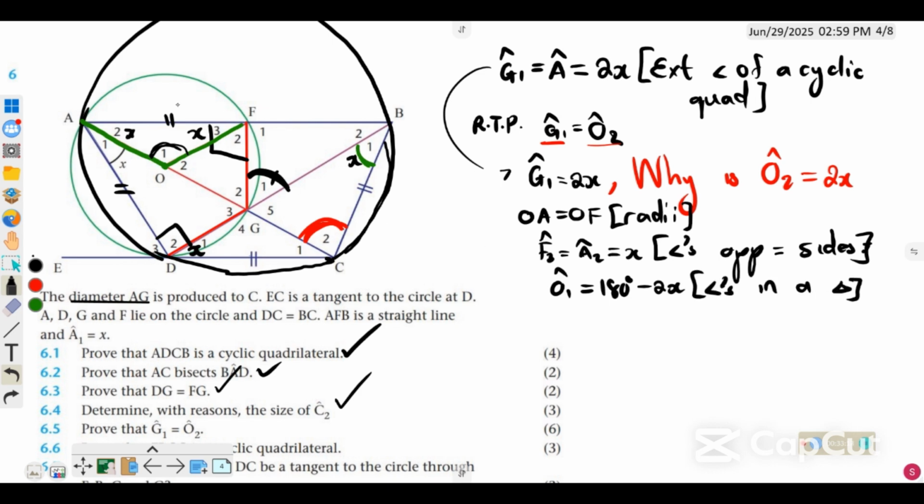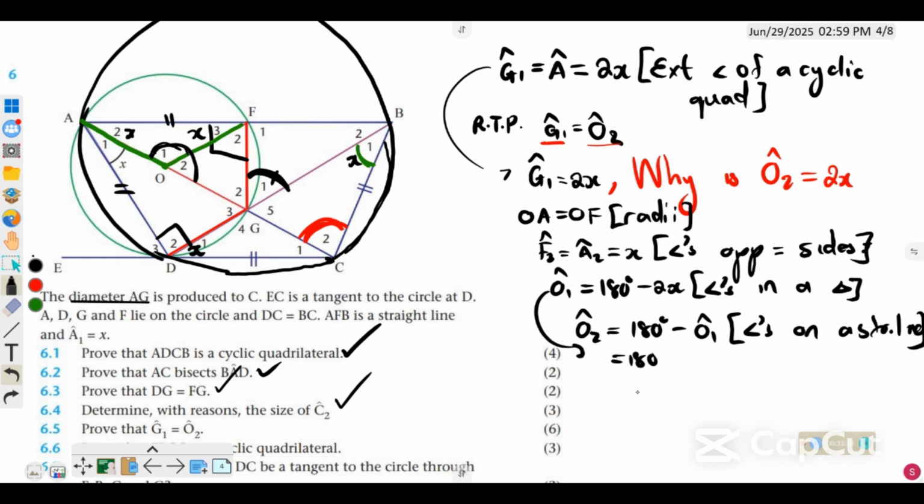Right. And then lastly, we can find angle O2. That's a straight line. Angle O2 is in fact 180 degrees minus angle O1. Angles on a straight line. But we do have angle O1. Angle O1 was calculated there. So it's 180 minus 2x for O1.